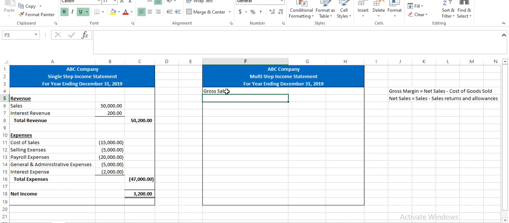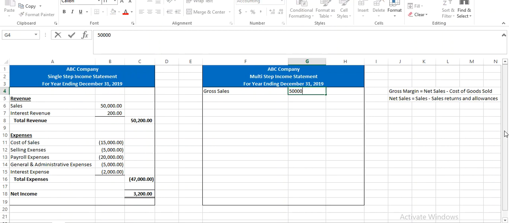And so our gross sales would be the $50,000 that we have recorded. And just for clarity, we're going to put less sales returns and allowances.